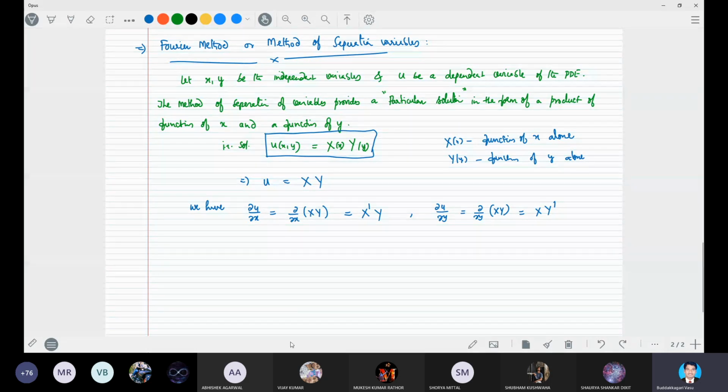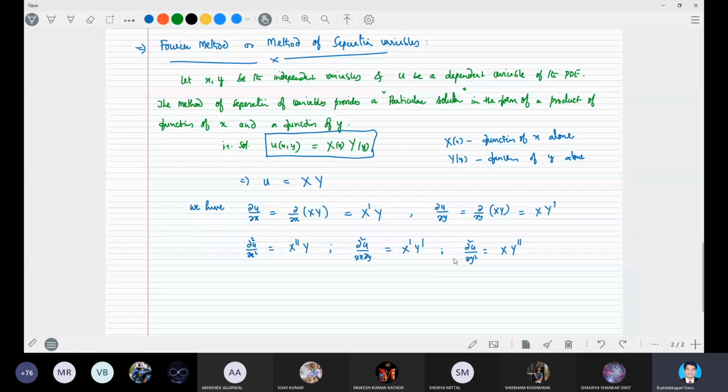Similarly, we can write the higher order derivatives also: dou square u by dou x square is equal to X double dash into Y. Dou square u by dou x dou y is X dash into Y dash, and dou square u by dou y square is equal to X into Y double dash.